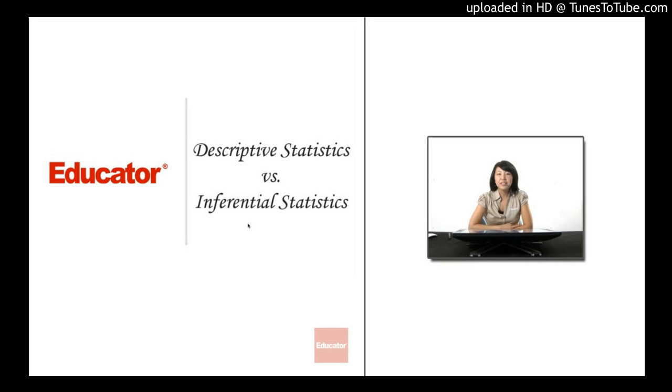Well, whether n increases or not, mu sub x bar equals mu. So n doesn't matter very much. That's one of the things we saw.